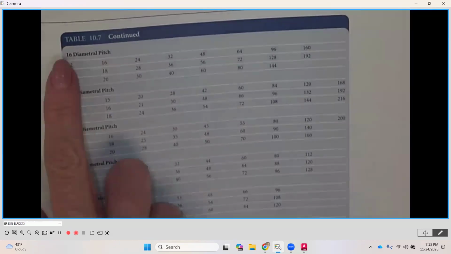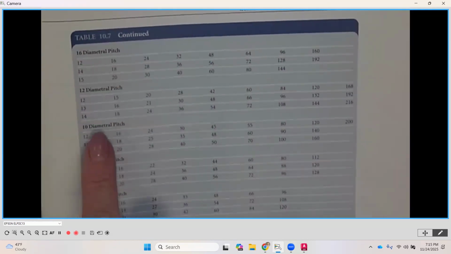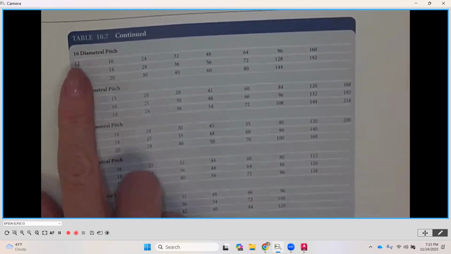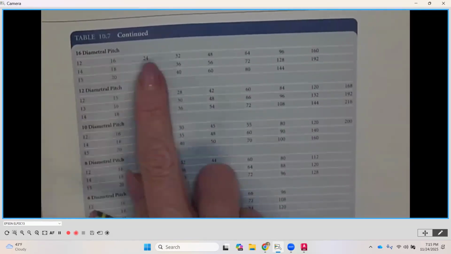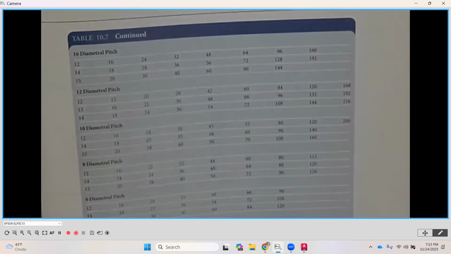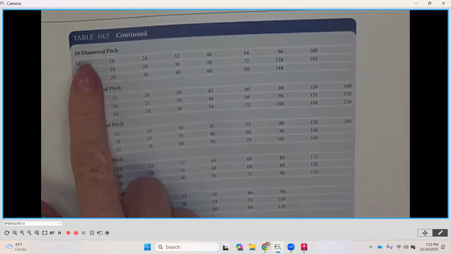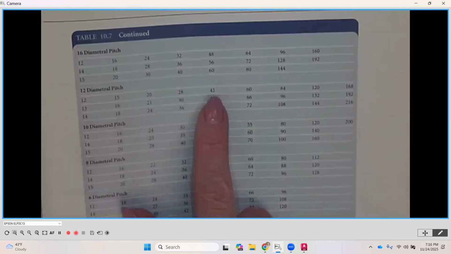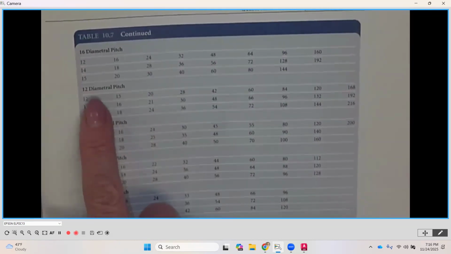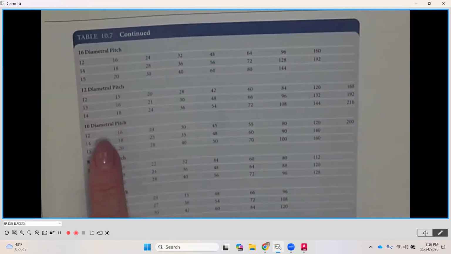What you'll notice is that there are categories of diametral pitches here. For instance, at the top, it's 16, then 12, then 10, and the numbers listed are the available standard number of teeth on a gear that is a diametral pitch of 16, the standard number of teeth on a gear that is a diametral pitch of 12, and so on.